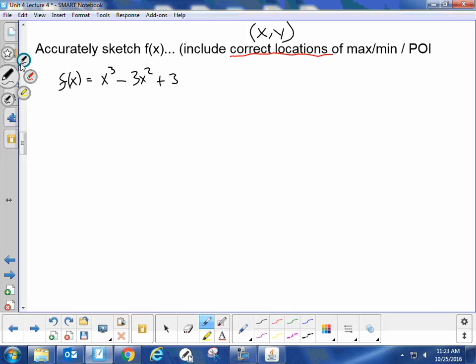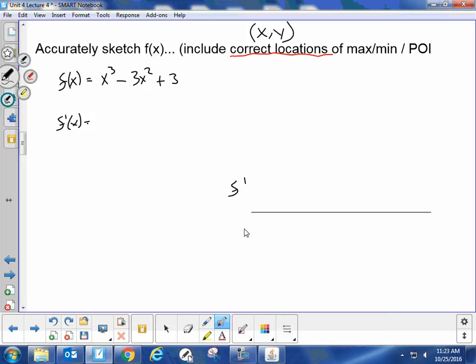Okay, so everybody start out and analyze f prime and f double prime and give me your number lines. And give me the shape as well.